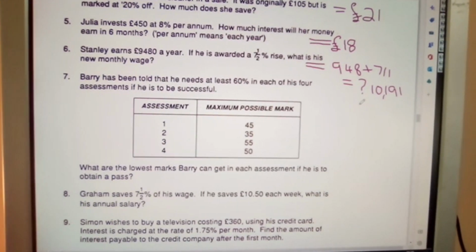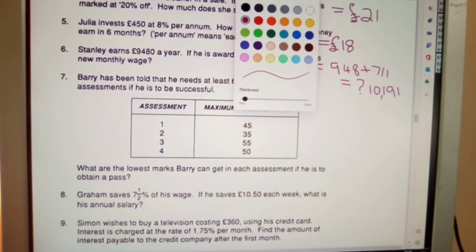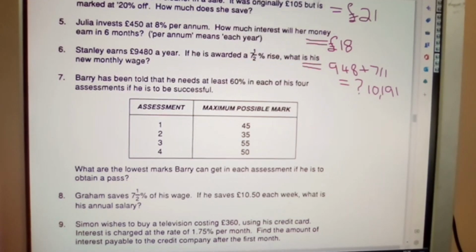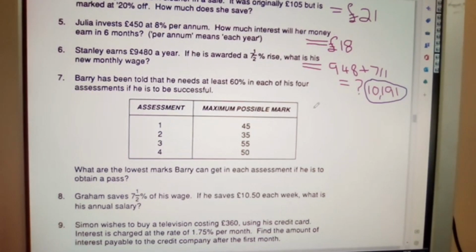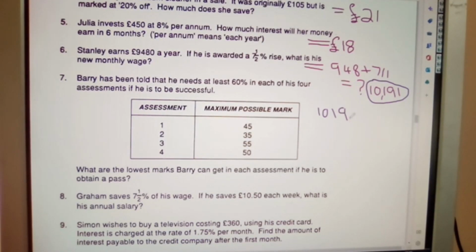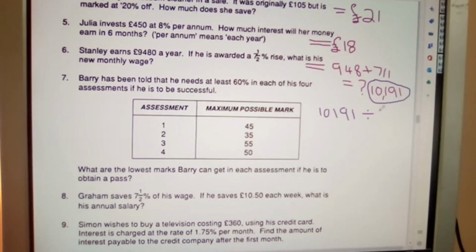And to find the monthly salary, what will you now do? You'll need to take this number here and divide it by 12.